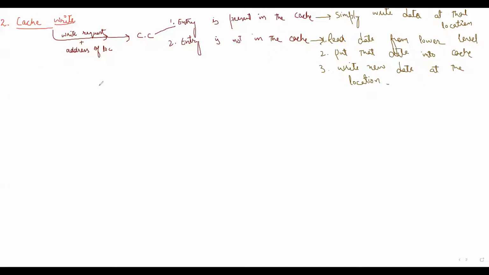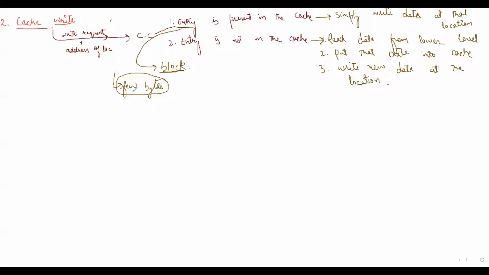Also, we know that a cache entry contains a complete block. But there is a possibility that this write request is only for a few bytes. So we don't have to modify the entire block. We should only modify those few bytes in this block which are to be modified.